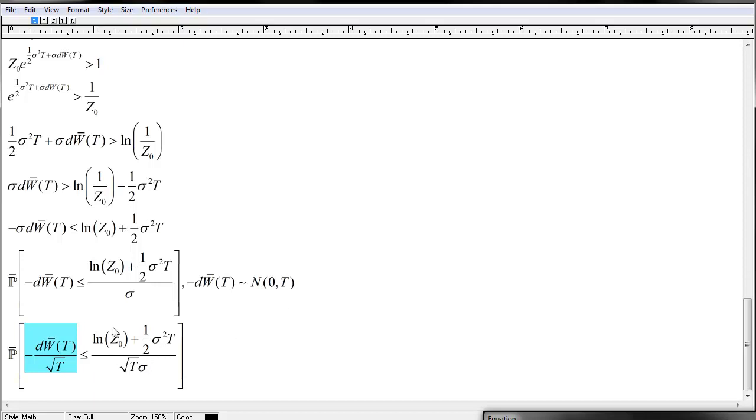So basically this is the probability of a normal variable being less or equal to something which is given, and let's name it d1.